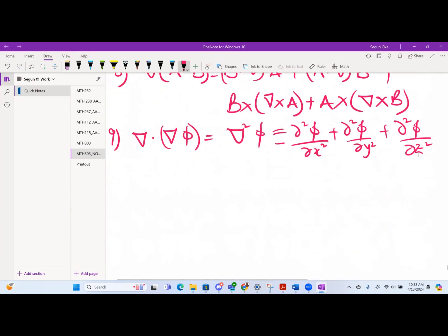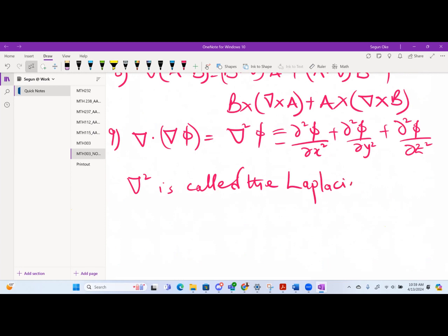So this del squared is also called the Laplacian operator, from the word Laplace. The Laplacian operator.